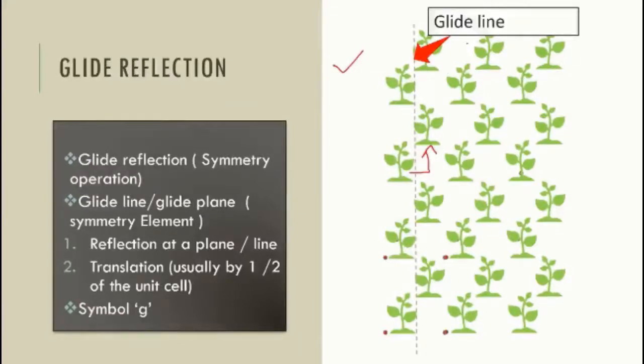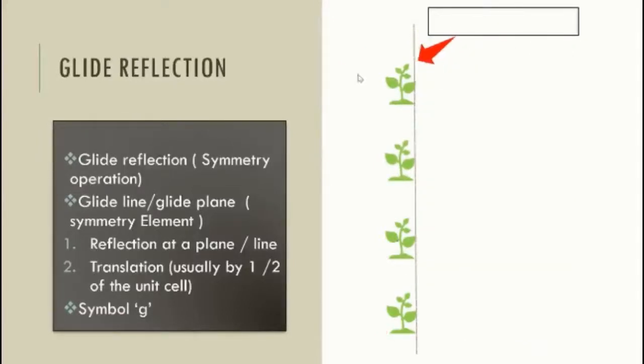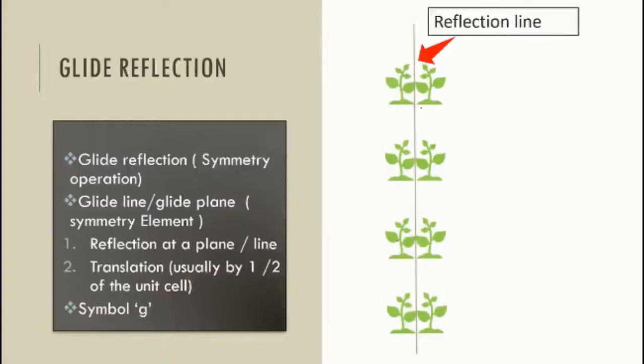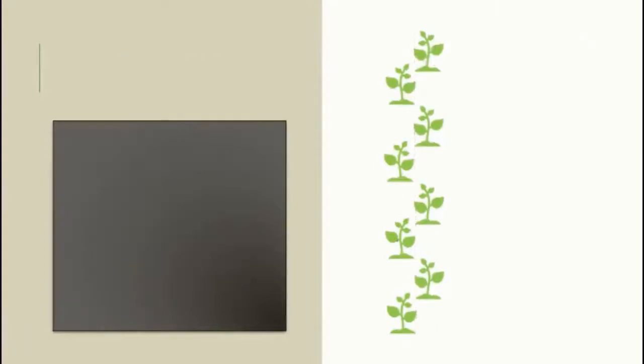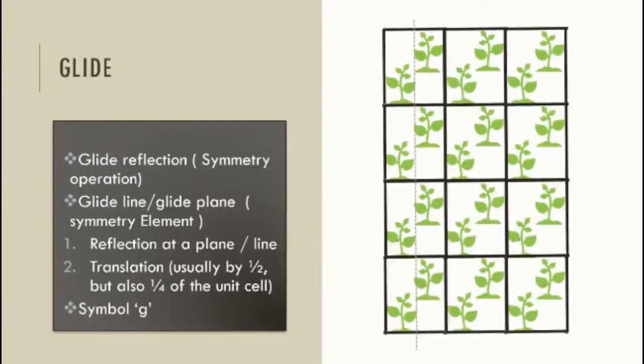We can generate the complete pattern of this wallpaper first by taking reflection at a mirror line followed by translation by 1/2 of the whole unit length. In glide symmetry operation, two actions, reflection and translation, must be done one after another, usually by 1/2 of the repeat length.